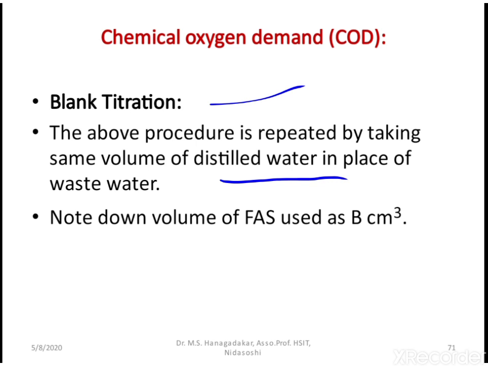After refluxing, unreacted K2Cr2O7 is left, which is titrated with standard FAS solution using ferroin indicator until the color changes from blue-green to brick red. Note down the titration reading as B cm cube.